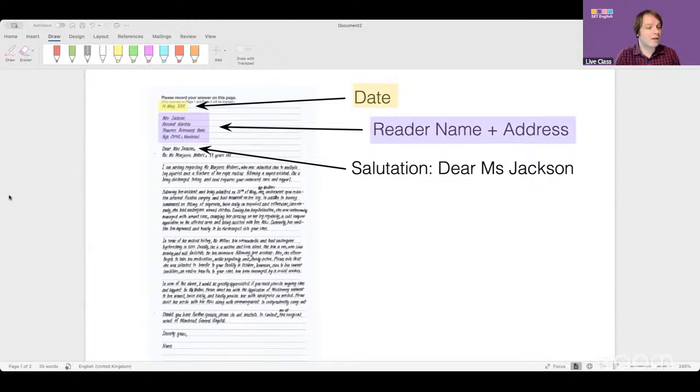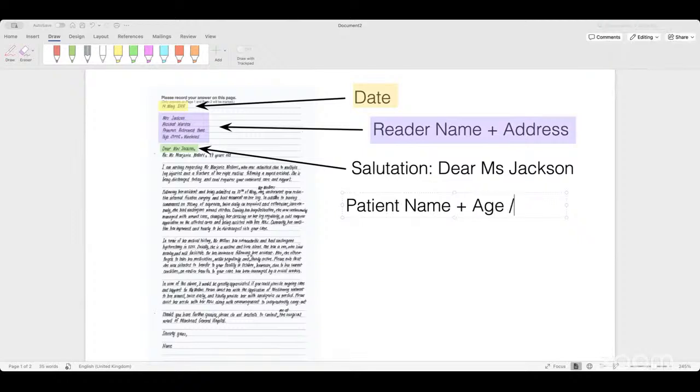Is it always patient name and age, or is there some other thing I can write if I want? Can I write the date of birth, guys, if I want? Yes. If you know the date of birth in the case, exactly, Joanne.